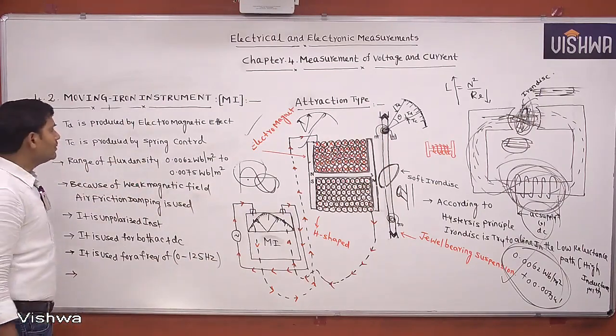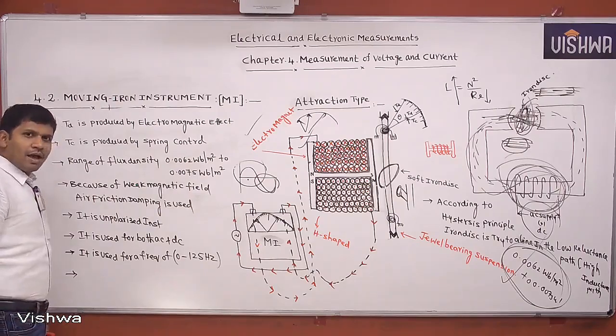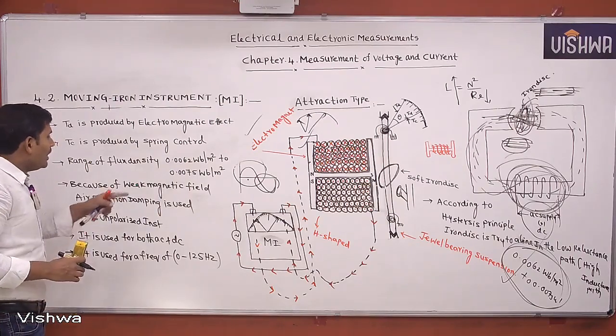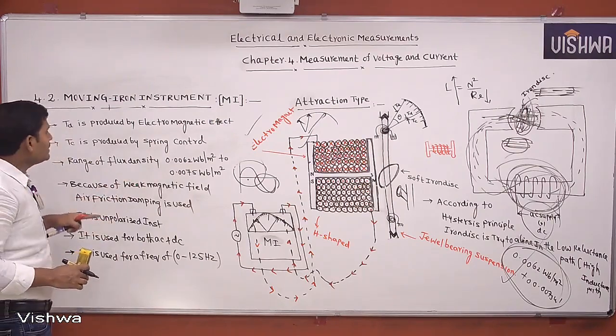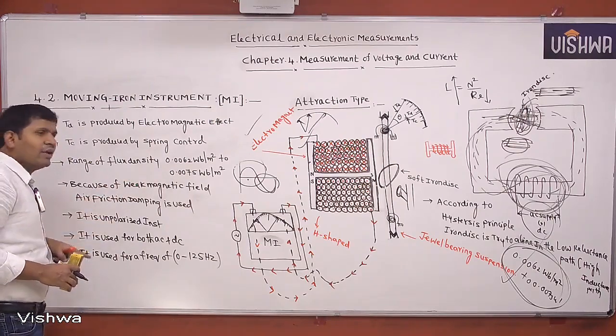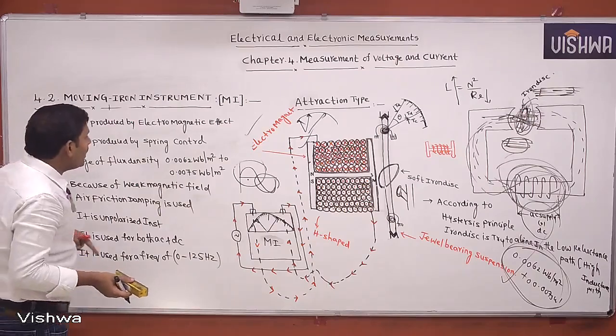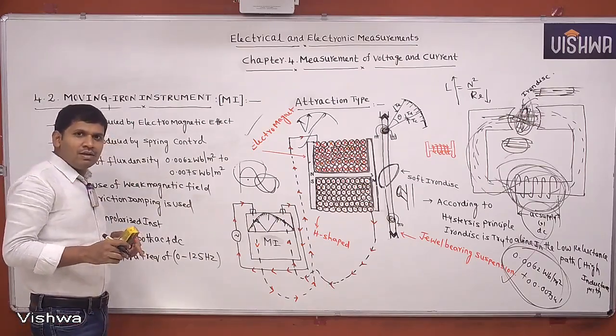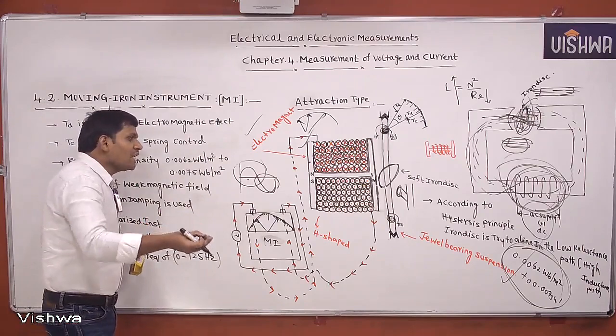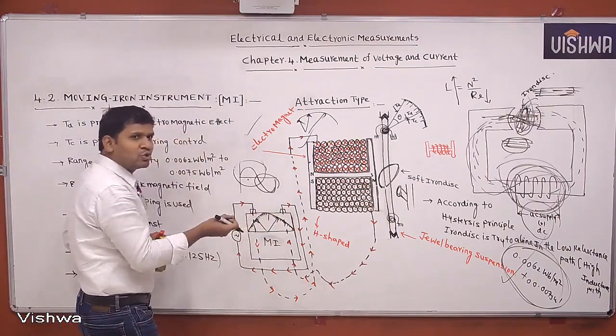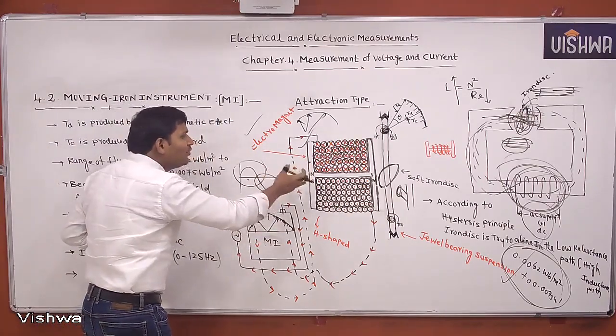But you know that it has a very weak magnetic field. In the case of an MI instrument, it is a very weak magnetic field. Because of this, if any external magnet is brought near the MI instrument, its electromagnetic field will be affected.